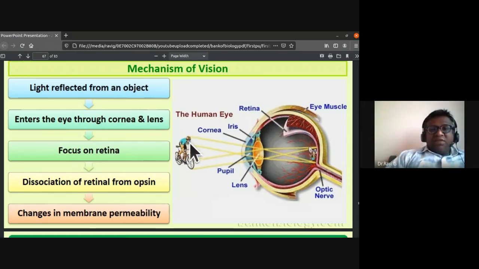So light reflected from an object enters the eye through the cornea and lens, and is focused on the retina.